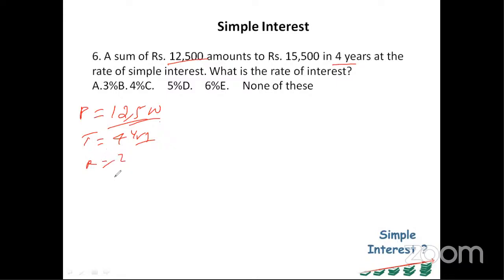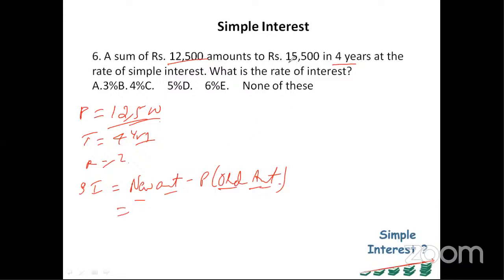We need PTR by 100, that is SI, which means we should calculate simple interest also. Simple interest means new amount minus principal, or you can say new amount minus old amount.